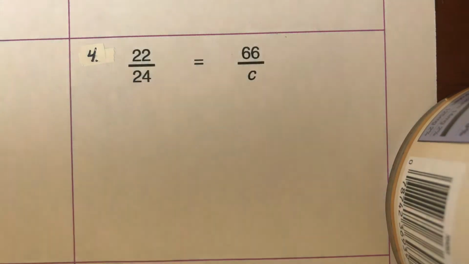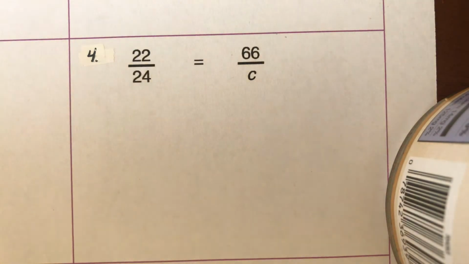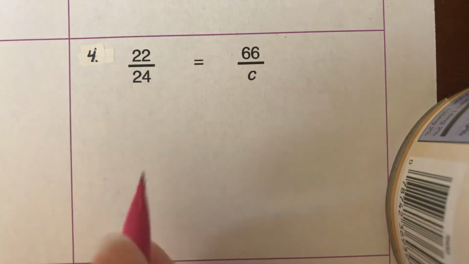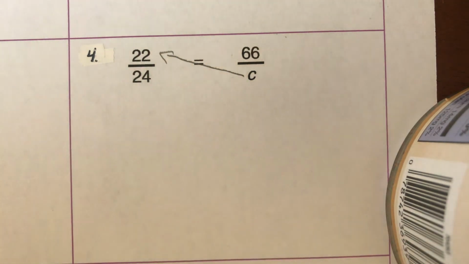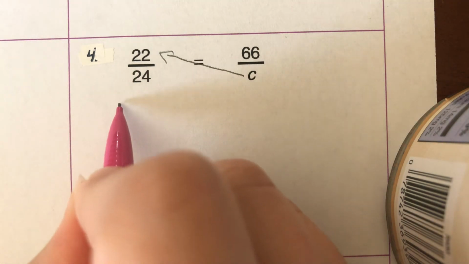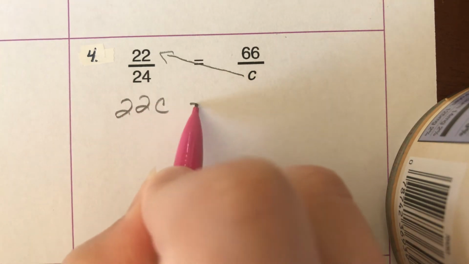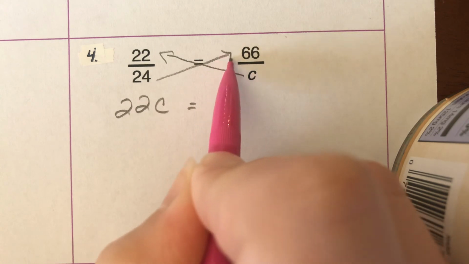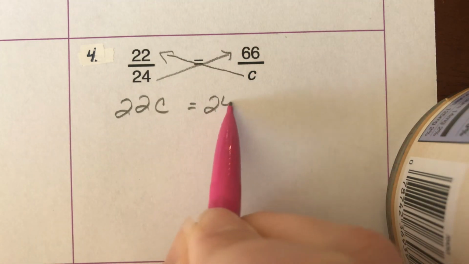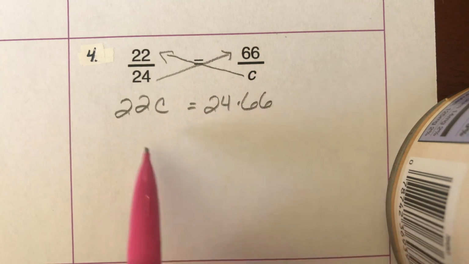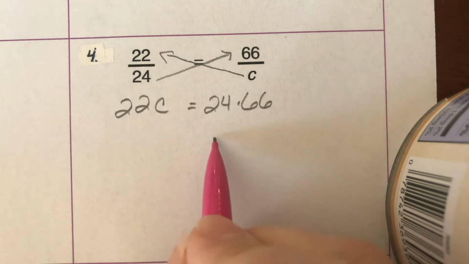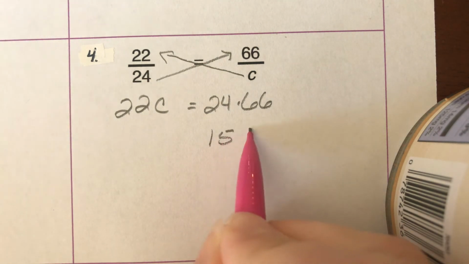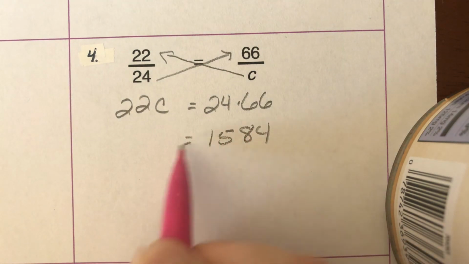Again, pause the video, try 4 out on your own. C times 22 is 22C. On the other side, I've got 24 times 66. I'm going to go to my calculator and do 24 times 66, and I get 1,584.